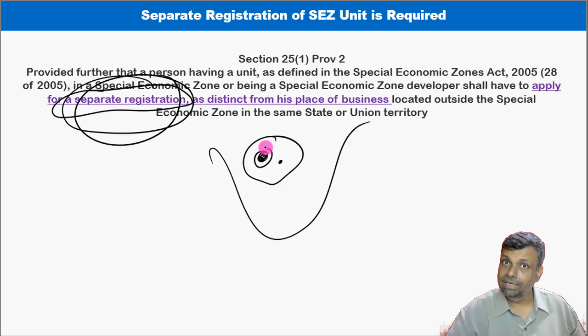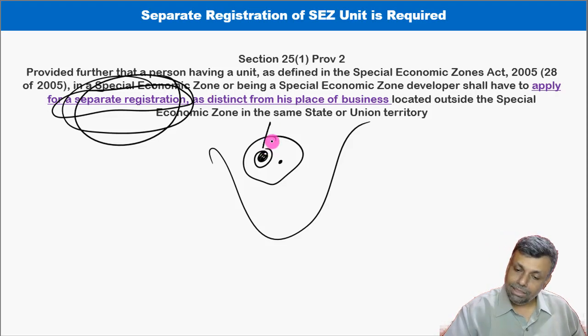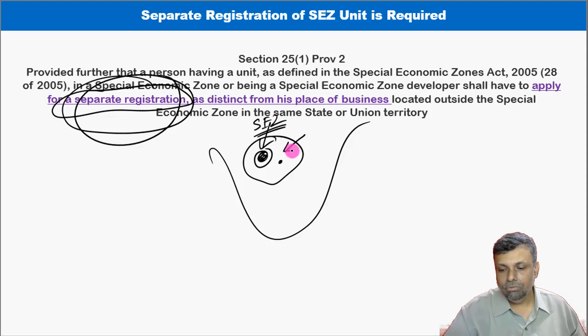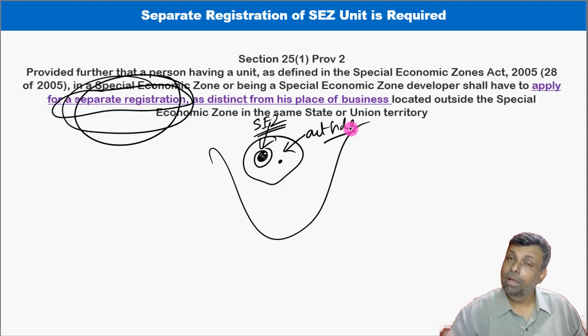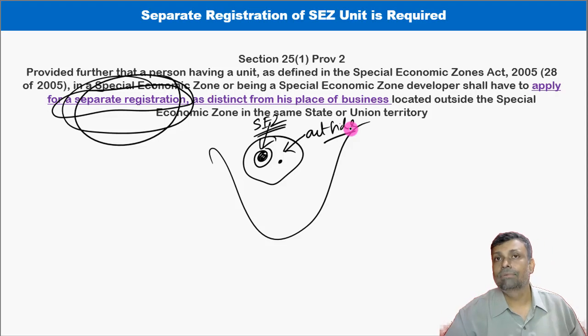Even in the same state, your unit inside the SEZ will require a separate registration, and the unit outside the SEZ will also require a separate registration under the GST. Both the units will have to go for separate registrations. Basically, the unit in the SEZ needs a separate registration. You should remember that from the registration point of view.